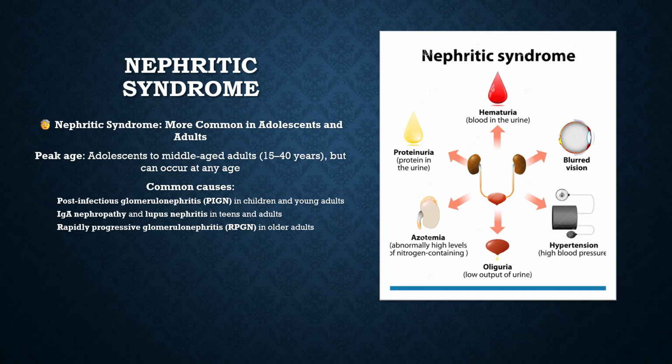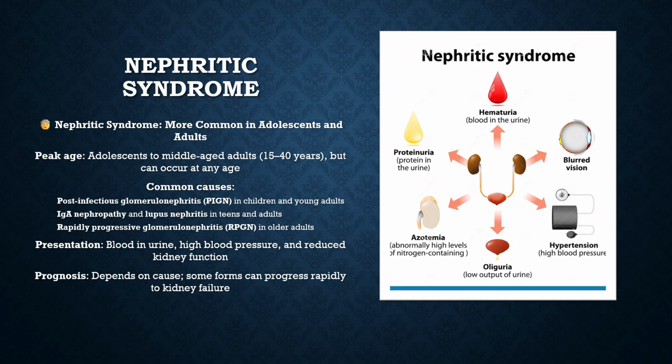Common causes: post-infection glomerulonephritis (PIGN) in children and young adults, IgA nephropathy and lupus nephritis in teens and adults, rapidly progressive glomerulonephritis (RPGN) in older adults. Presentation is blood in urine, high blood pressure, and reduced kidney function. Prognosis depends on the cause. Some forms can progress rapidly to kidney failure.